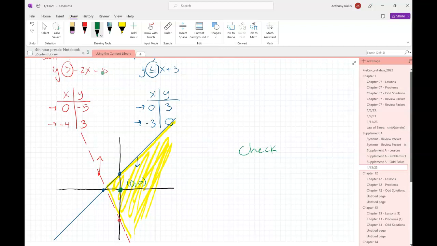If I plug 0, 0 into my first inequality, I get that 0 is greater than -5. Well, that's true.